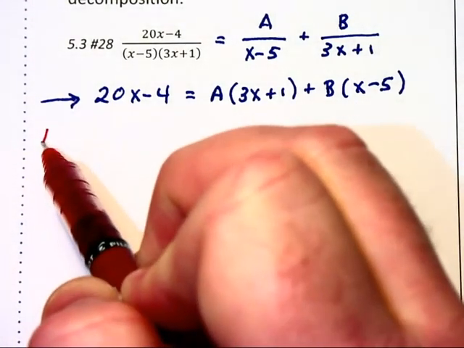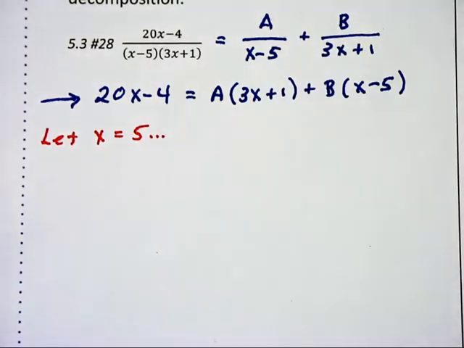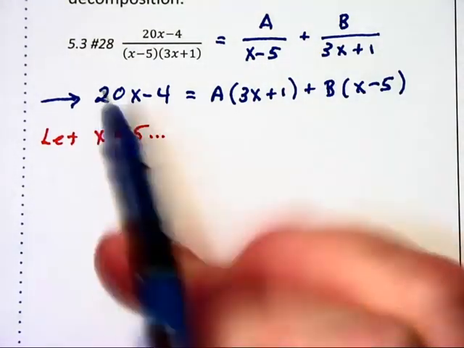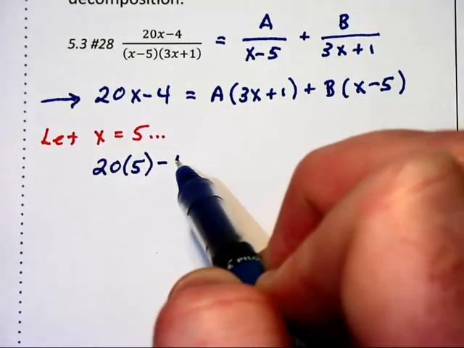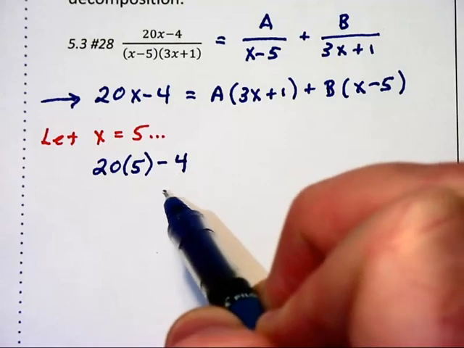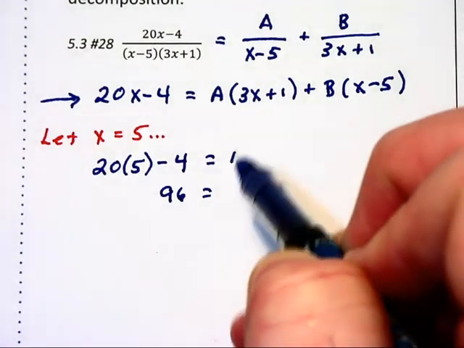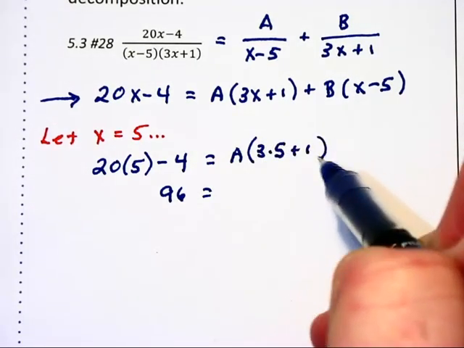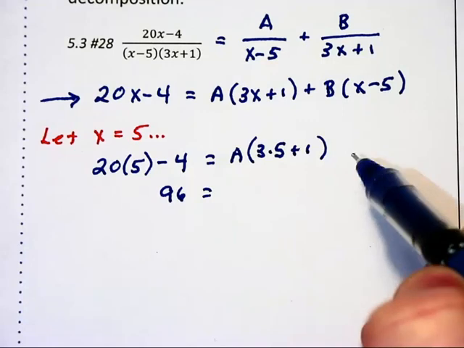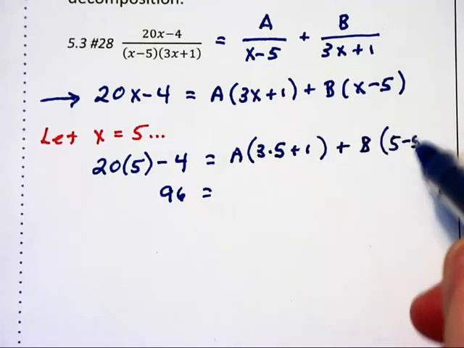So I'm going to say let x equal 5, and let's plug that 5 into the equation. We will have 20 times 5 minus 4, which is 96, equals A times (3 times 5 plus 1) plus, and you know the rest is just going to be 0, B times (5 minus 5).